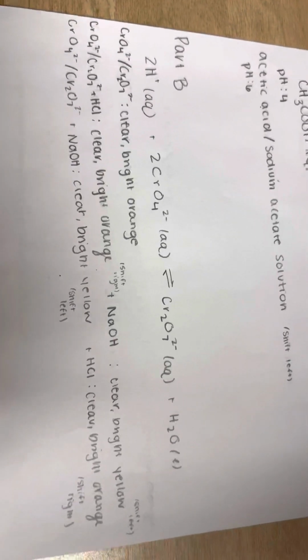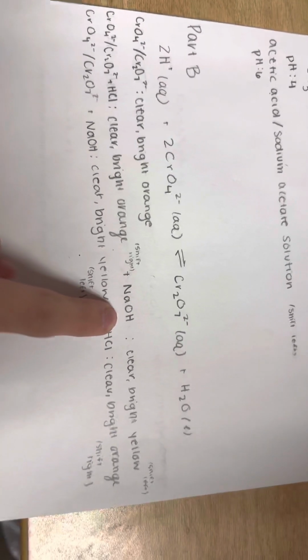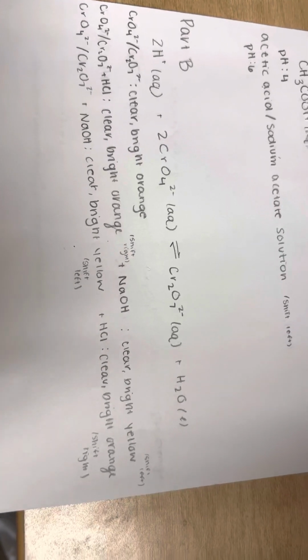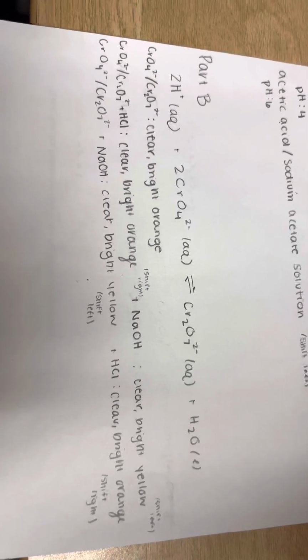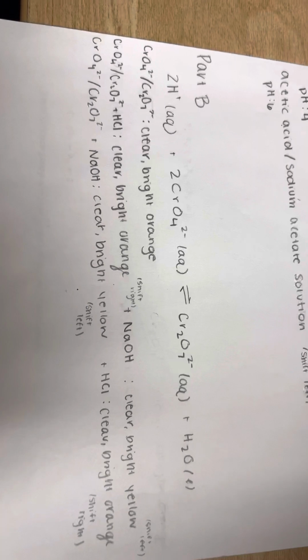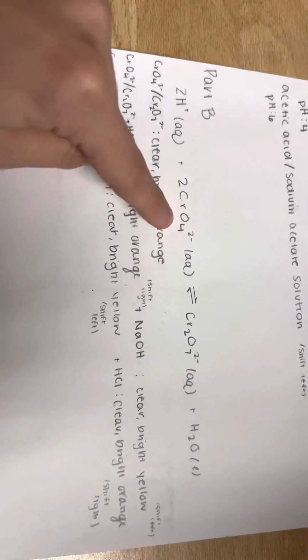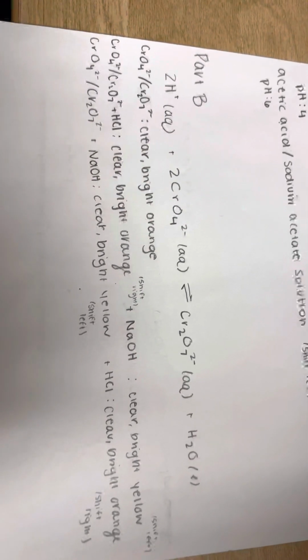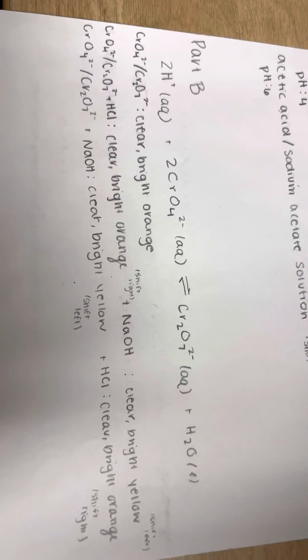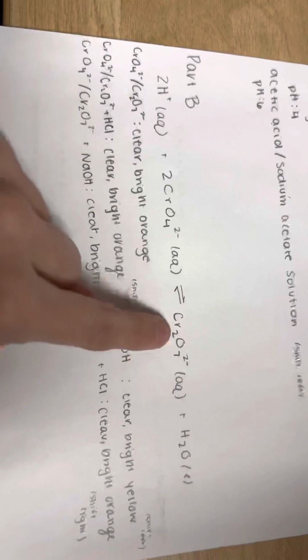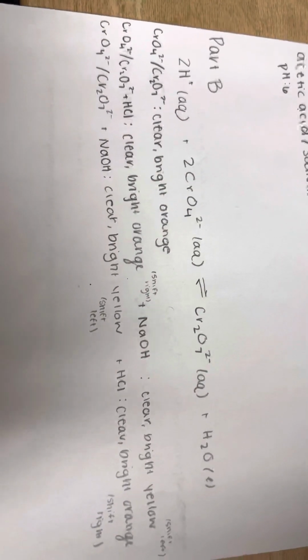When a base was added, such as here, the reaction changed to a clear bright yellow color. The color of the CrO4 2- is yellow, and the Cr2O7 2- ion is orange.